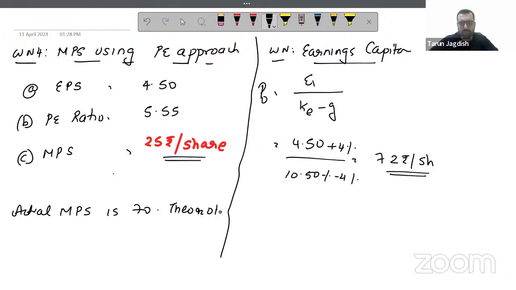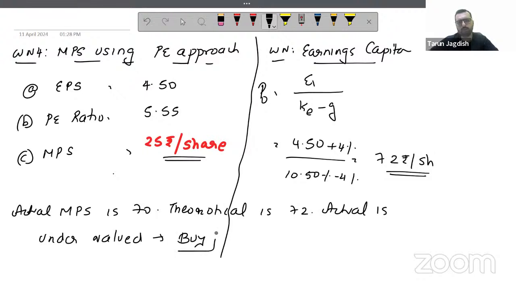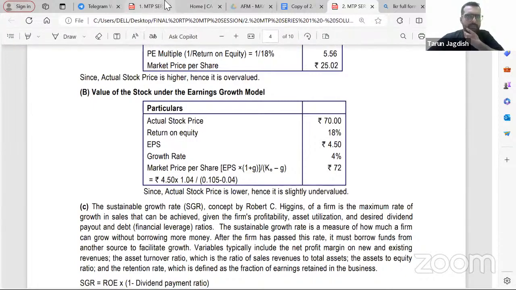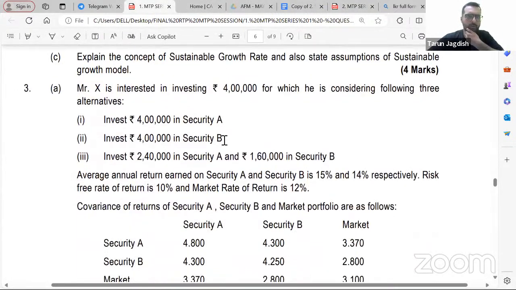Theoretical is how much? 72. Hence, actual is undervalued. And if it is undervalued, what are you supposed to do? We are supposed to buy. Are you all clear with this part now? Yes, sir. Fantastic. So we are done with question number 2.